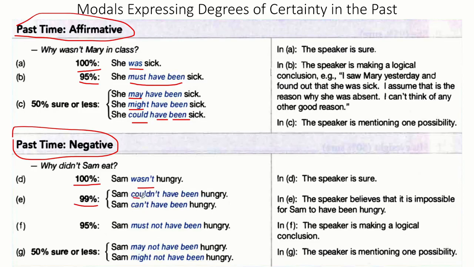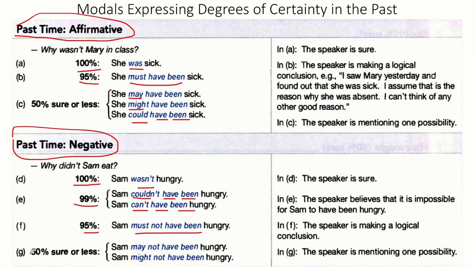We use the modal could, followed by have, followed by been, and can't have been. When we are almost sure, 95% sure, we say must not have been hungry, because in this case we use the modal must, but since we are talking about past time negative, must not have been hungry.